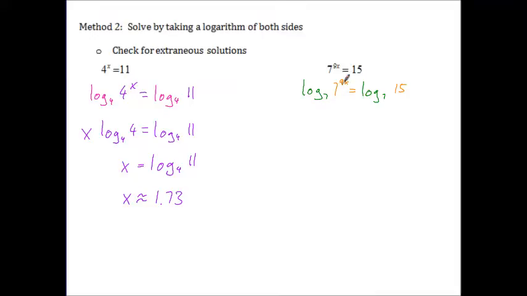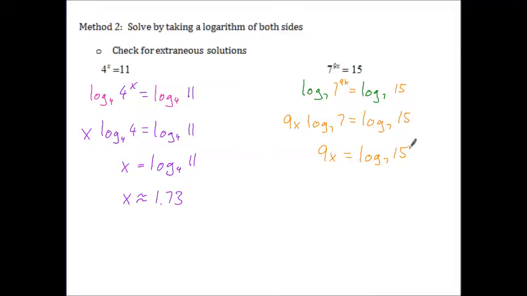Now our 9x in the exponent we can move forward as a coefficient. We get 9x log base 7 of 7 is equal to log base 7 of 15. And just like in the example before, log base 7 of 7 is 1. So we got 9x times 1, and that is equal to log base 7 of 15.